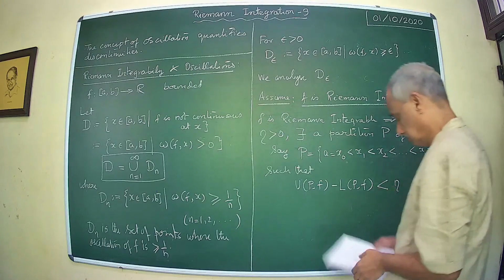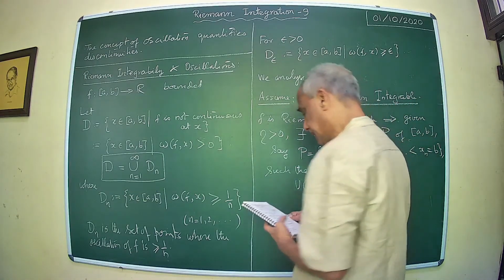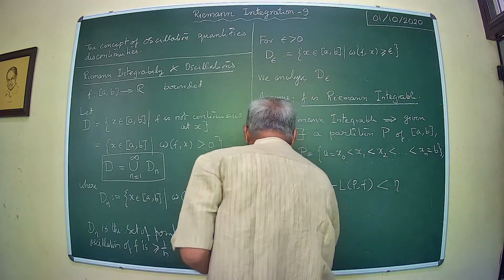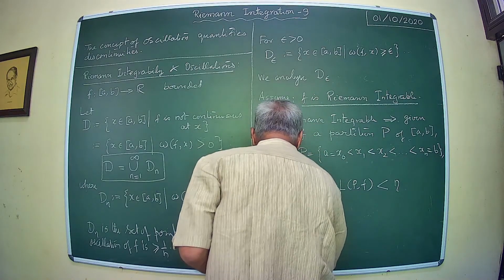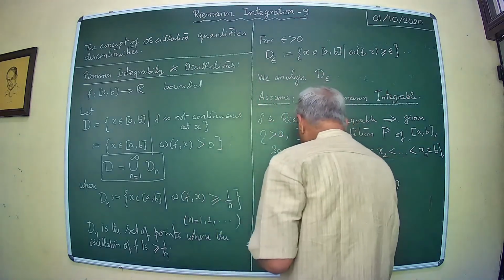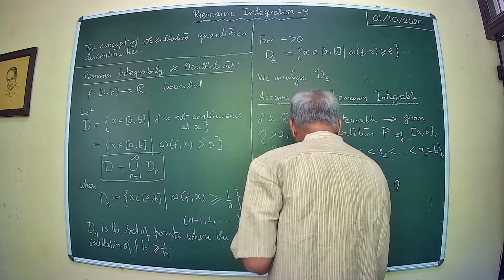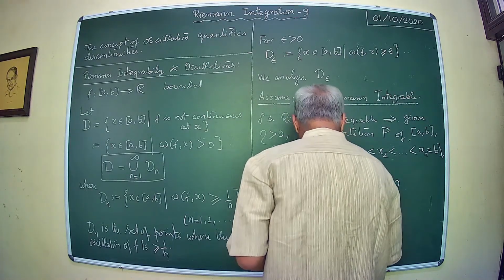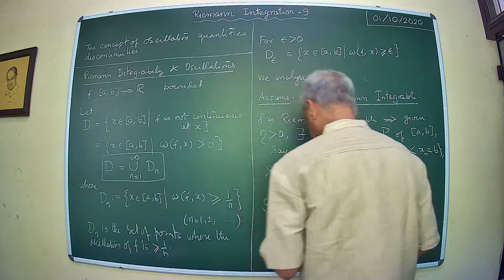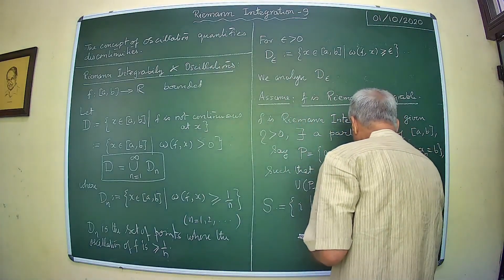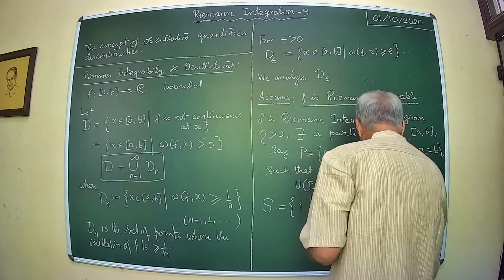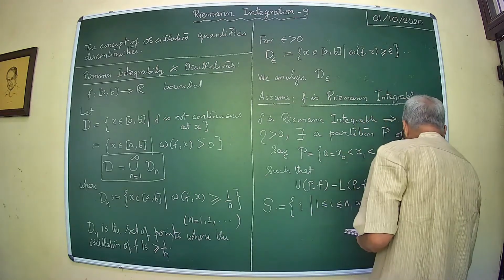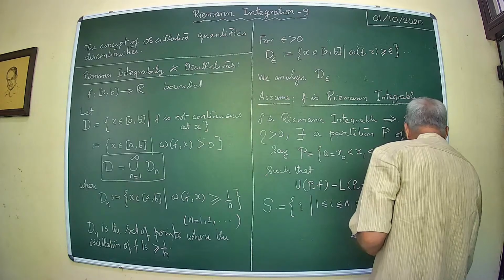Then we have a lot of results related to that. Now we define a set called S as the collection of all indices i in {1, ..., n} for which the oscillation of f on [x_{i-1}, x_i] is at least epsilon.